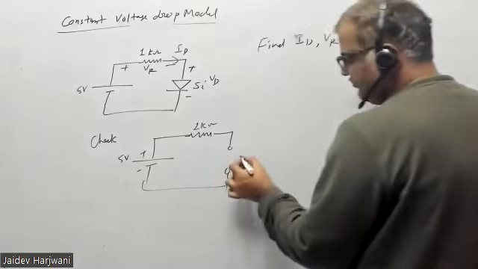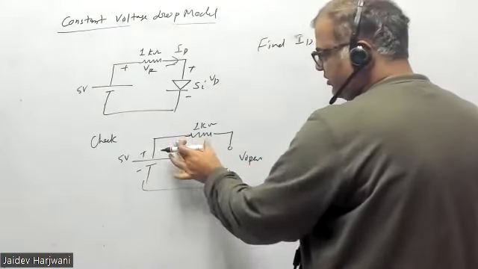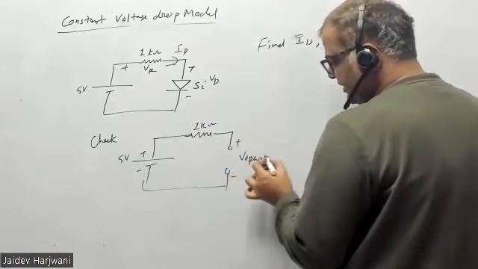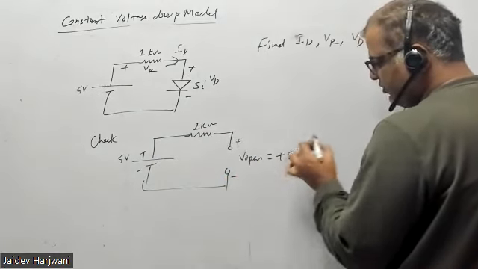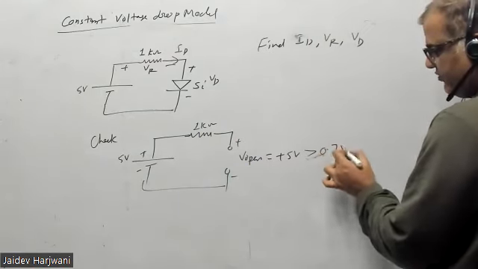What is V open here? No current flows, so no drop across the resistor, and this 5 volt comes exactly across the diode. So V open is plus 5 volt, greater than 0.7 volt.